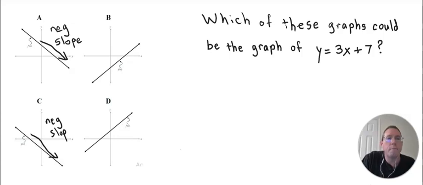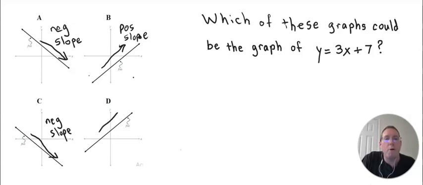This one here is pointing upward. And we're always going from the left to the right, so going from the left to the right, this graph is pointing upward, and therefore this has a positive slope. And that means the m is going to be a positive number, okay?